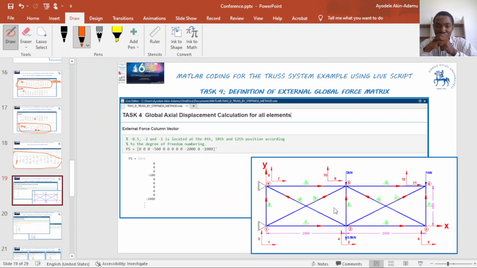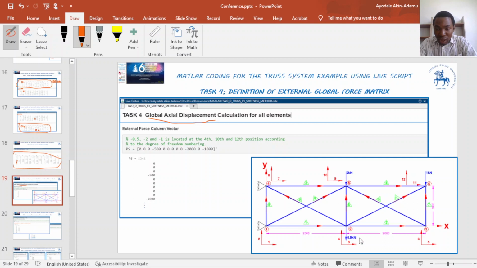The next thing we need to do is define our global force vector. This is actually wrong. We need to actually define our displacement vector, but to do that, we first need to define our force vector.